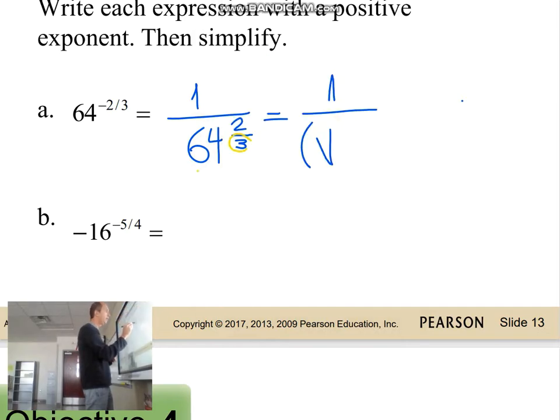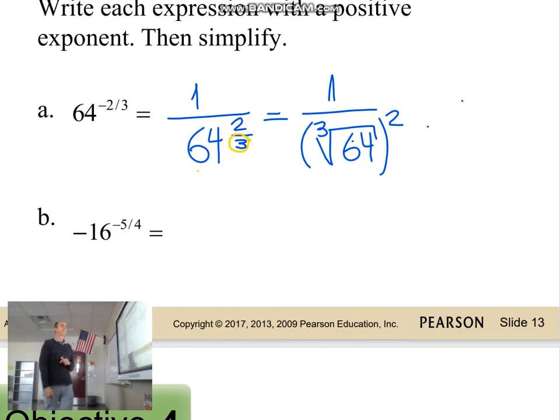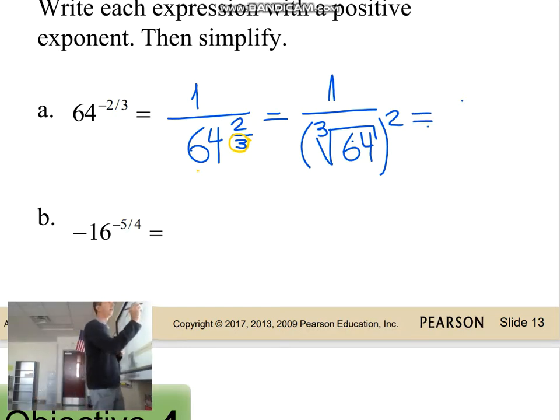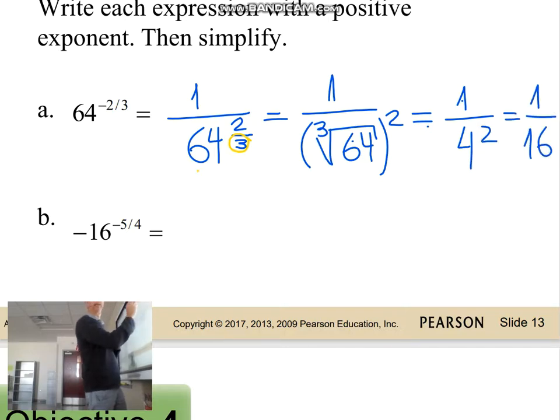The denominator of the exponent is the index of the root, and the numerator of the exponent is the exponent, like this. And cube root of 64 we know is 4. And this is 1 over 16.